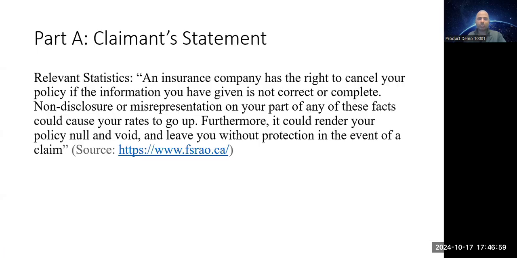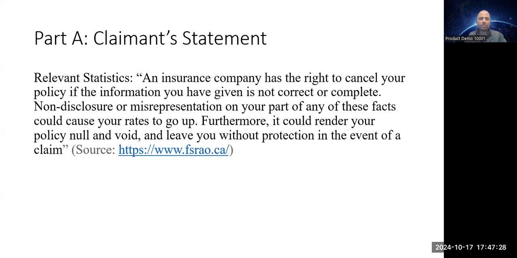Now, when it comes to your policy number, make sure you are accurate when you type this in and fill out your form, because misrepresentation, errors and omissions do cost insurance companies as well as the life insured a lot of money when it comes to claims. An insurance company has the right to cancel your policy if the information you gave is not correct or complete.